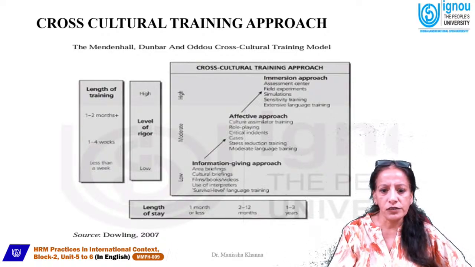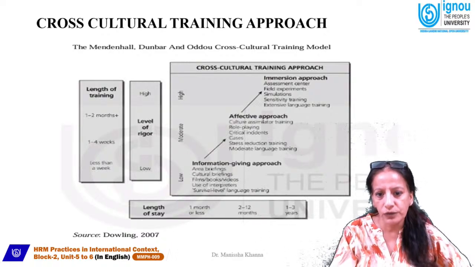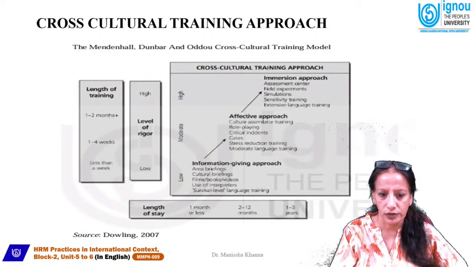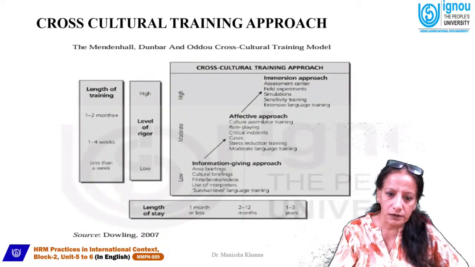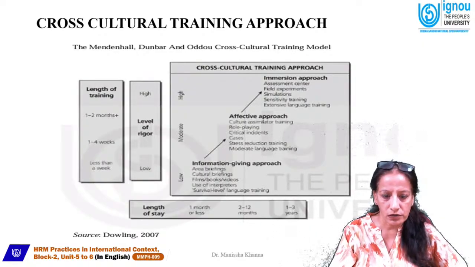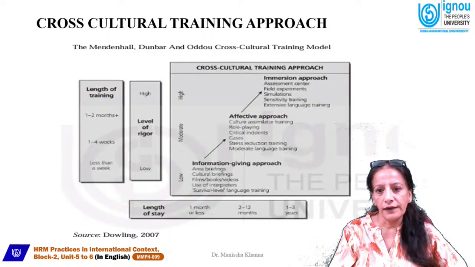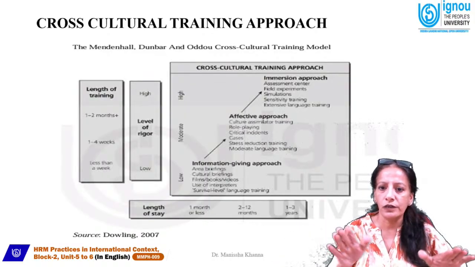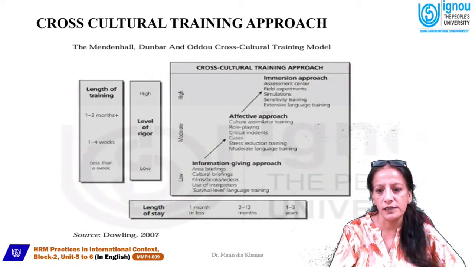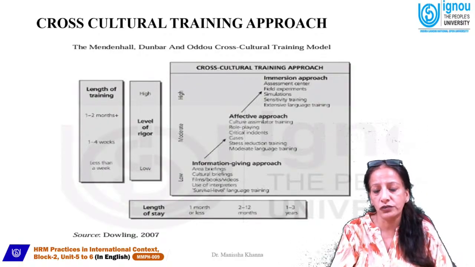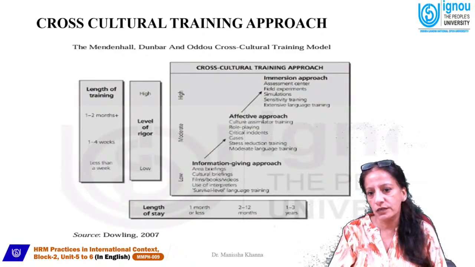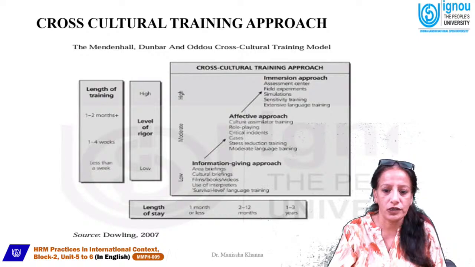Then comes the affective approach, where they actually work in that particular situation. That is a medium level. The highest level is the immersion approach, with sensitivity training, simulations, or assessment centers, and extensive language training.